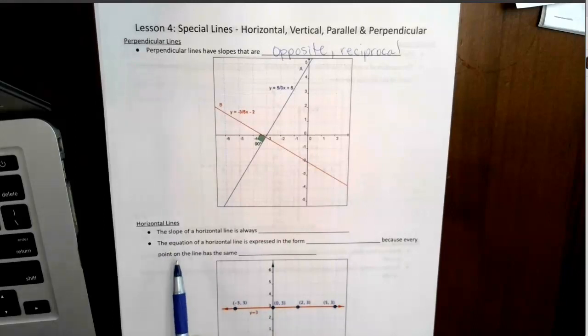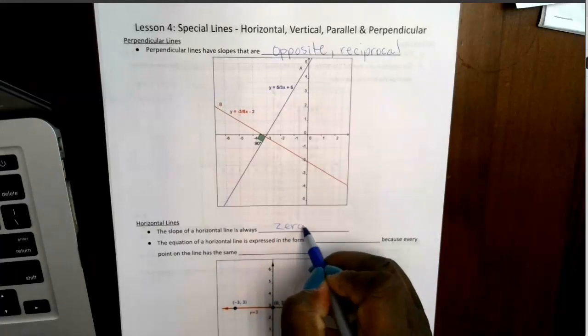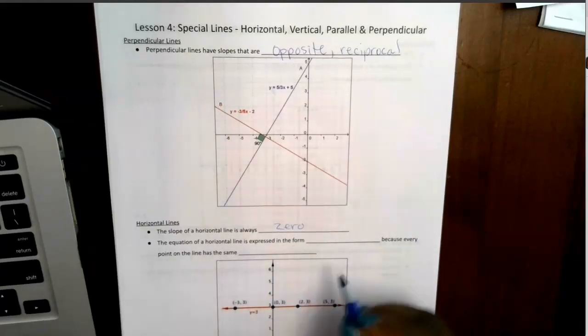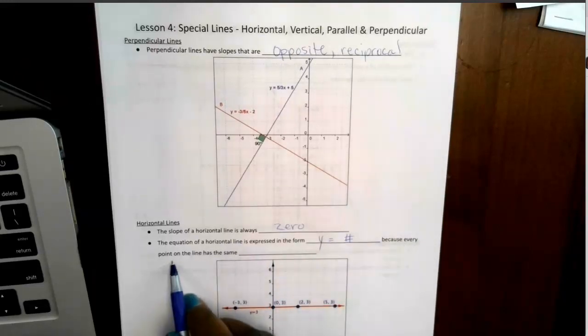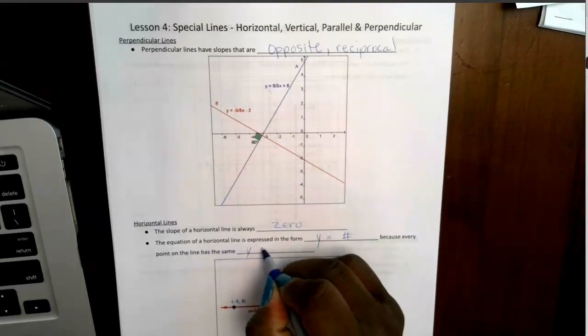Horizontal lines. The slope of a horizontal line is 0. The equation of a horizontal line is expressed in the form of y equals a number, because every point on the line has the same y coordinates.